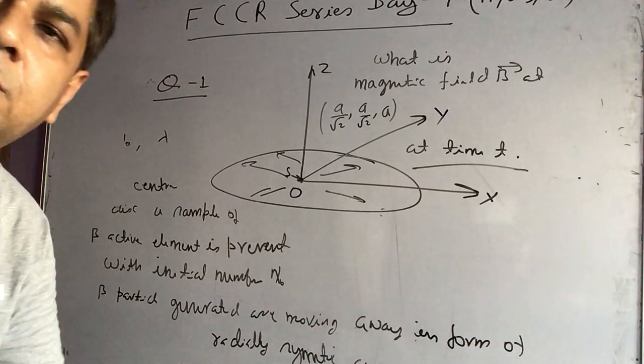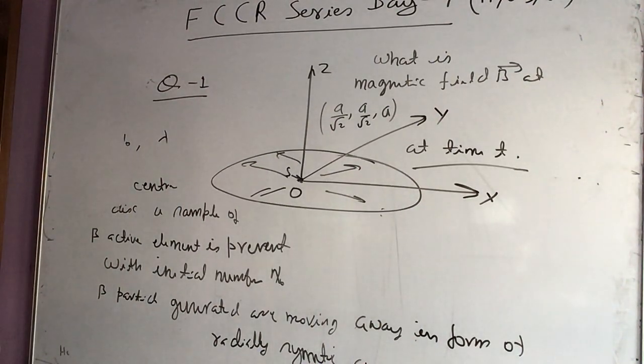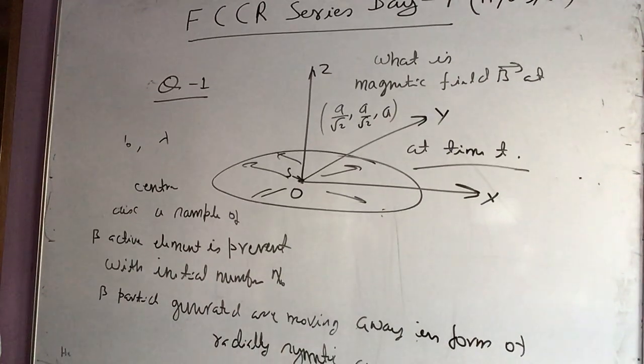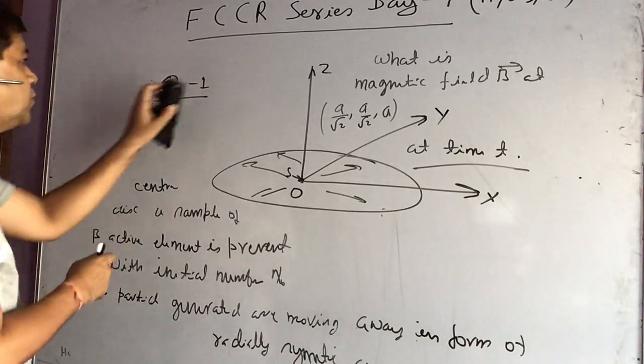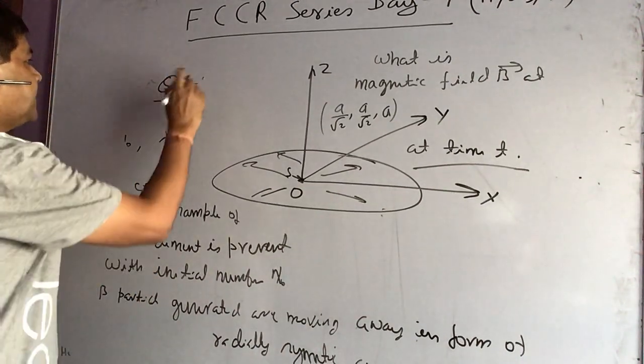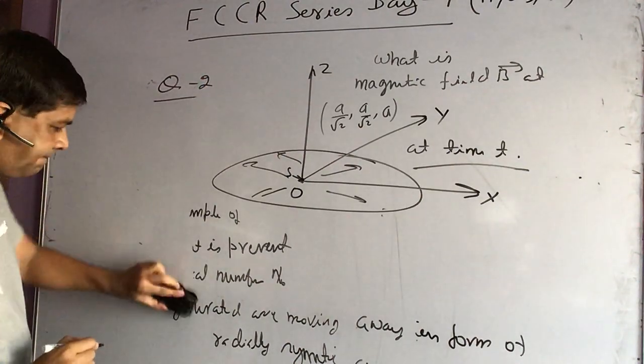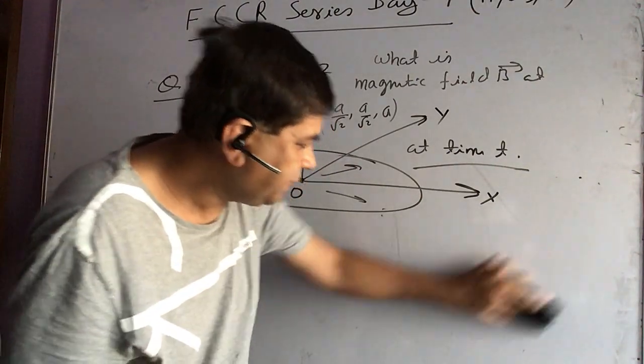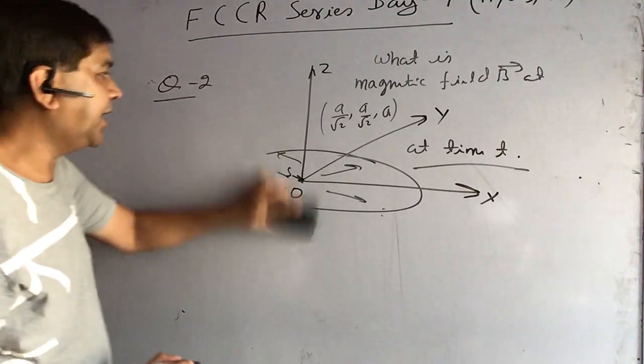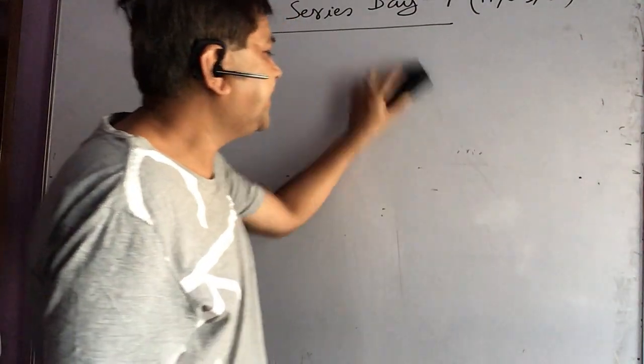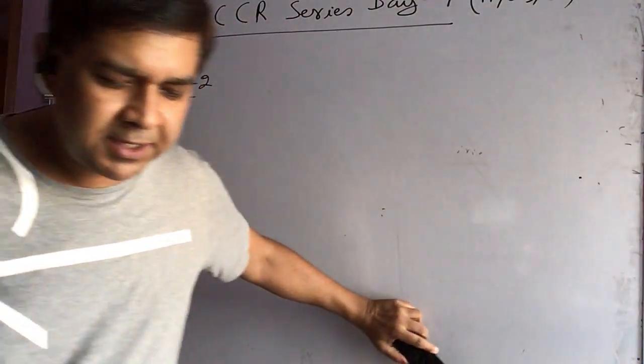Okay, so continuing now, question 2 of the day. We have an adiabatic cylinder that is divided symmetrically.